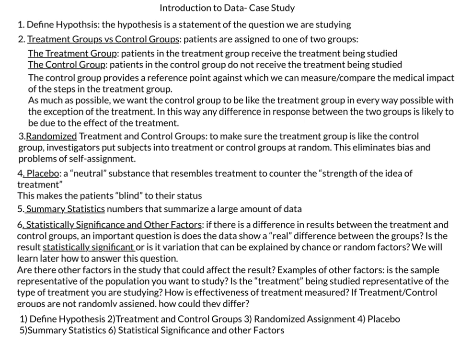Another question is, how is effectiveness of treatment measured? Is it something that patients themselves self-report, or is there a totally objective test like a blood test that we can use? Another question might be, if treatment and control groups are not randomly assigned, how could they differ?